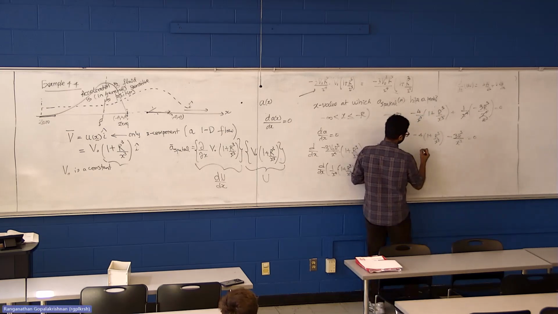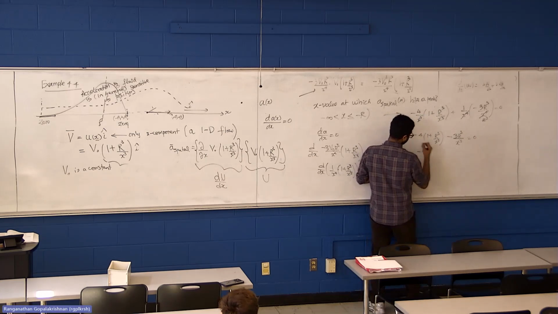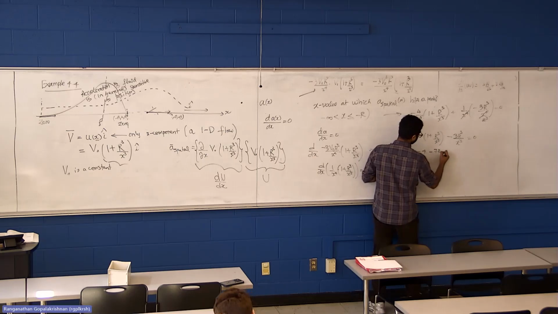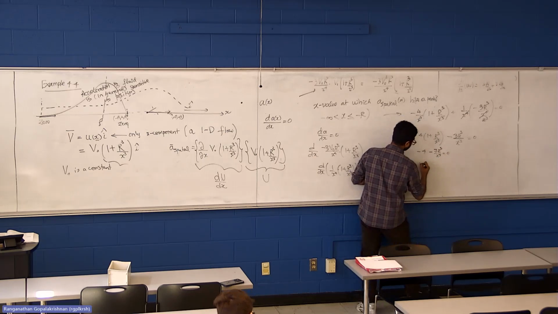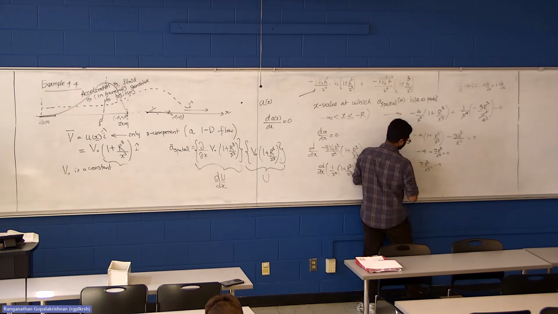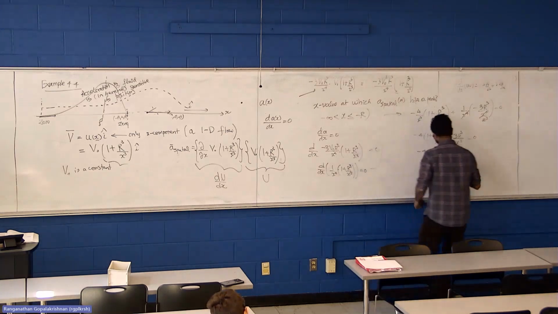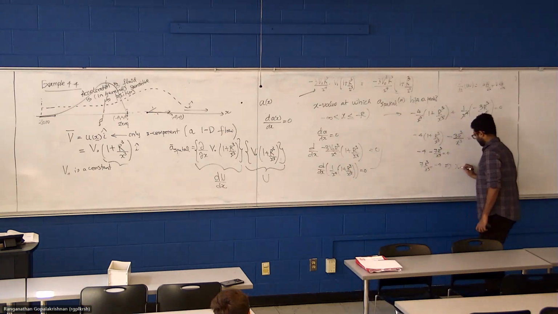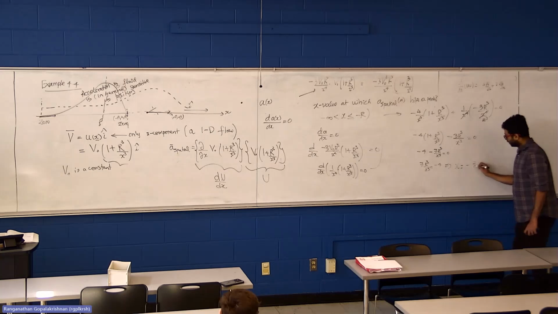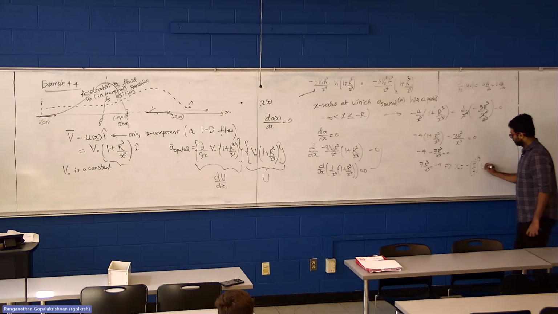So this is minus 4 minus 7r cube over x cube equal to 0, or this would be 7r cube over x cube equal to minus 4, or x equals minus 7 over 4 to the cube root times r.